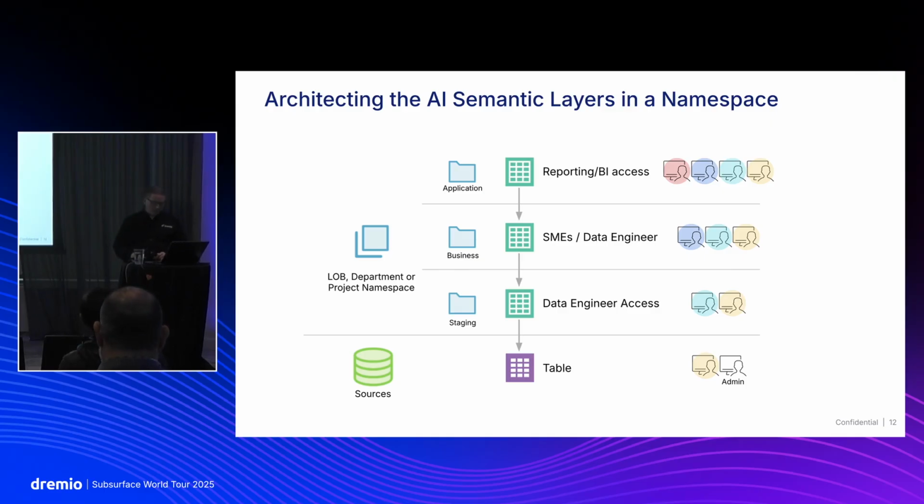So at the staging layer, which is above that physical layer, this is where you would apply as best practice all the common transformations. So for example, if you have to cast values, right, to join on those values in a layer above, we'll get to that in the business layer, but if in one data source you have a text string and in another it's an integer, you might do that data transformation as part of the staging layer as best practice.